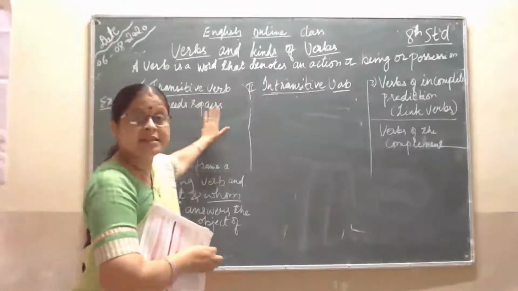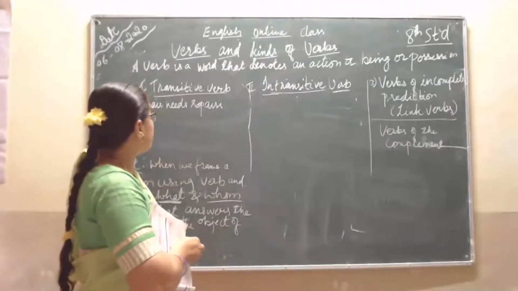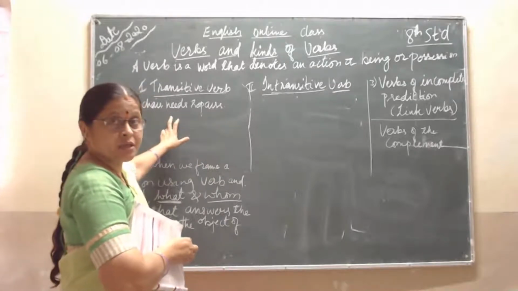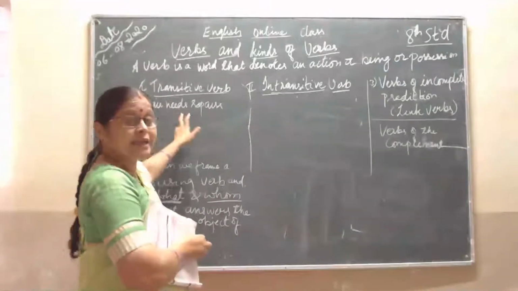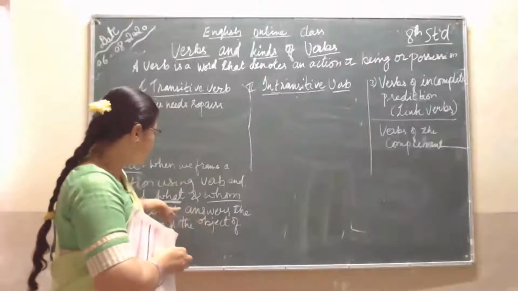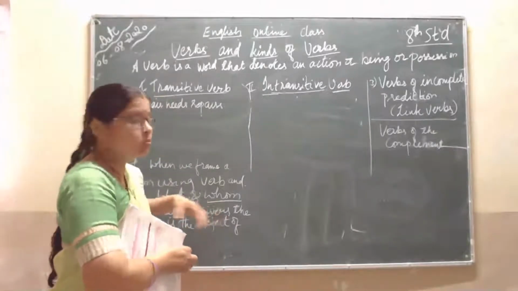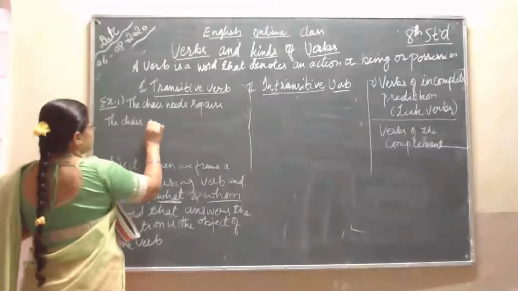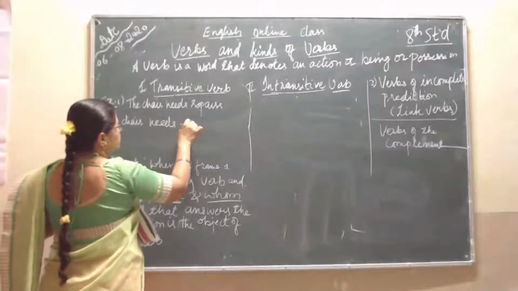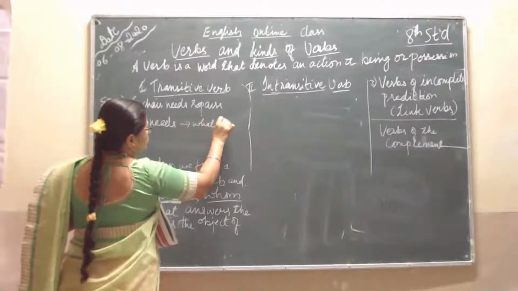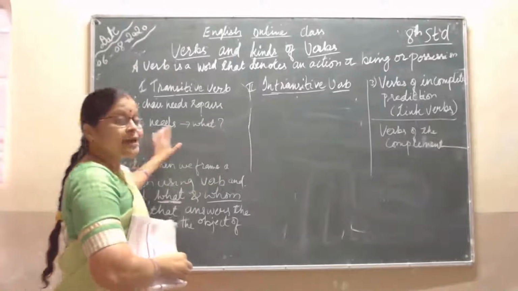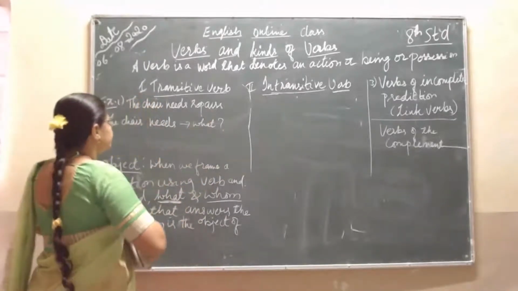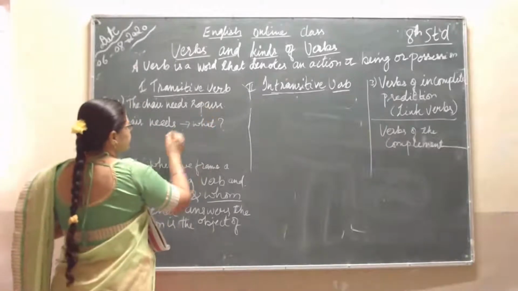The chair needs repair. I think you can see one verb here, that is needs. So now you have to ask a question using what and whom. The chair needs what? Your answer will be repair.